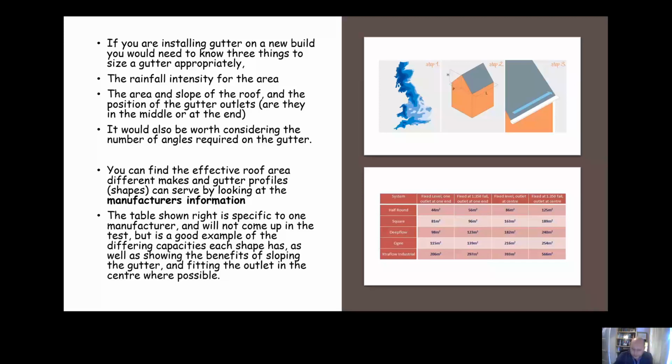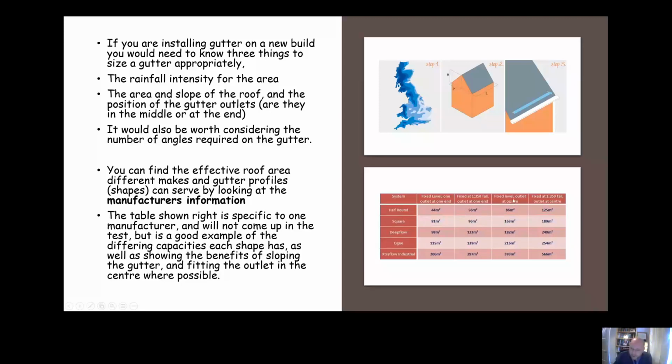It also shows you the different capacities. So, for example, you can see for half round, if it's level, with the outlet at the end, it can service 44 metres squared of the roof. But if it's got a slight fall, it can take water from 56 metres squared of the roof.